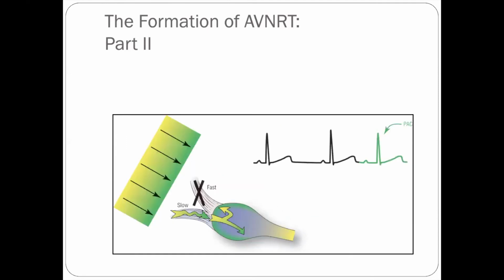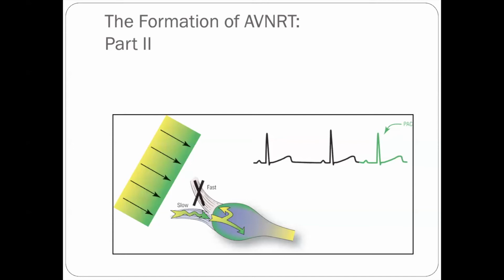Oftentimes the slow pathway has a faster repolarization, and the fast pathway has a slower repolarization, which means when the PAC hits, the PAC makes it so that the slow pathway is done with its refractory pretty quickly, but the fast pathway is still in its refractory when the next signal comes down.